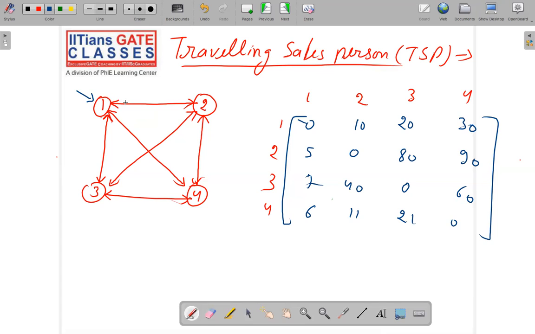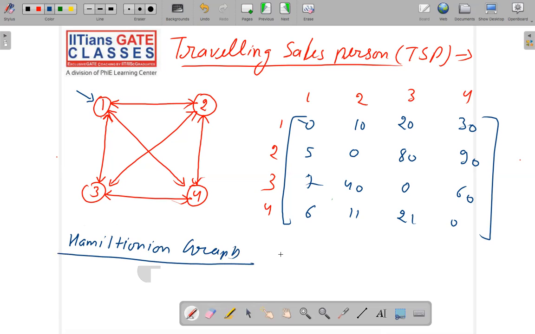This kind of traversing is also called Hamiltonian, a Hamiltonian graph.